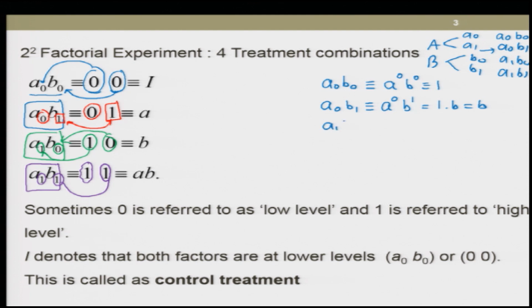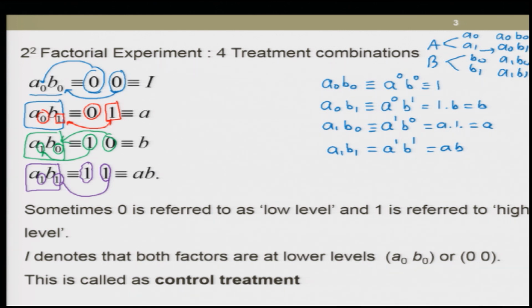And similarly, if you take A1 B0, which I can write as A raised to the power of 1 and B raised to the power of 0, this becomes A into 1, which is equal to A. And if I write A1 B1, this will be A raised to the power of 1 and B raised to the power of 1, which becomes A into B. So in this case, I would like to point out that although I am not doing a mathematical operation, this is another way to understand how this different notation is derived.